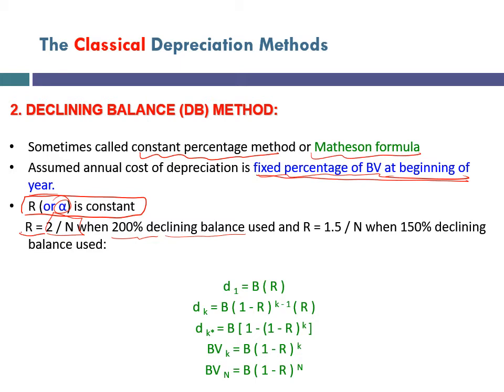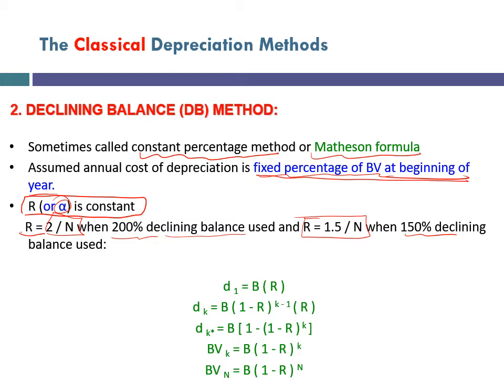If, for example, we are using 150% declining balance, then this R is equal to 1.5 over N. So 200% declining balance or 150% declining balance are the statements of this declining balance. And when someone says 200% declining balance, then R is equal to 2 over N. Remember this, N is the number of years.